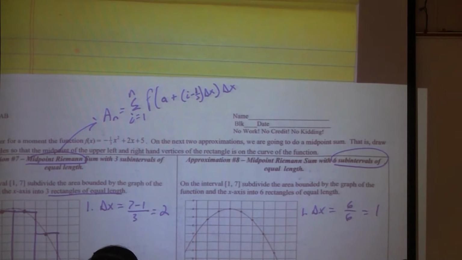Midpoint. So that will be the summation from i equals 1 to n of f of a plus i minus half times delta x times delta x.